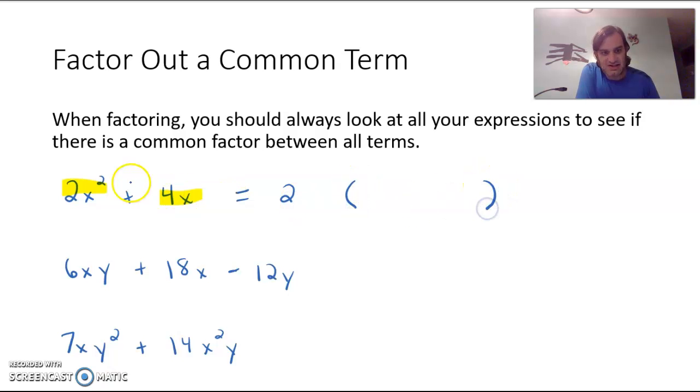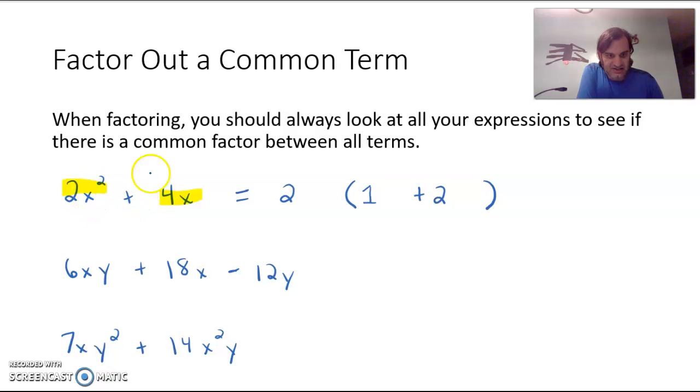and kind of do it in baby steps. And if I divide 2 by 2 would be 1, which I generally don't write, but I like to make sure we're staying with things here. And if I divide 4 by 2, I will get 2. So if I push this 2 back in the parentheses, it would give me 2 for the 2 in front of the x squared and 4 for the 4 in the second term.